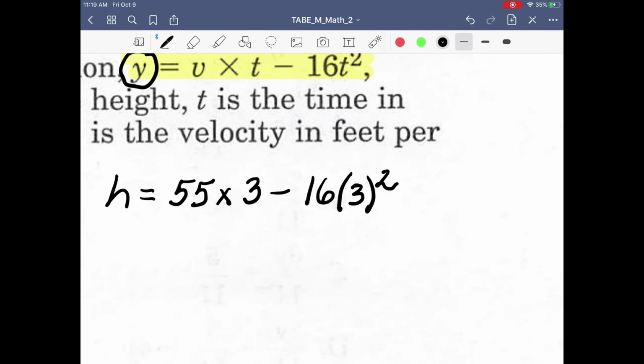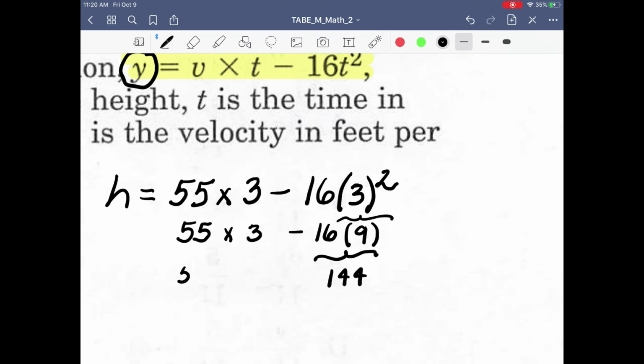First thing is, of course, the exponent. 3 times 3 is 9. And then we can copy. I strongly encourage you to copy. 16 times 9 on my calculator is 144.